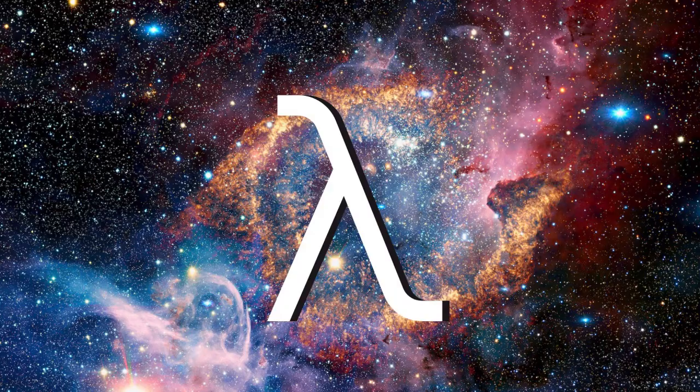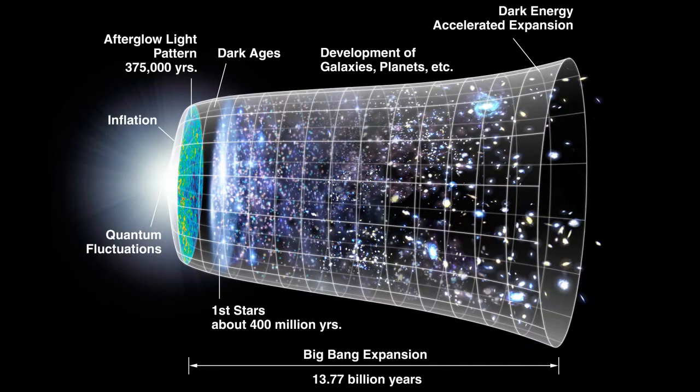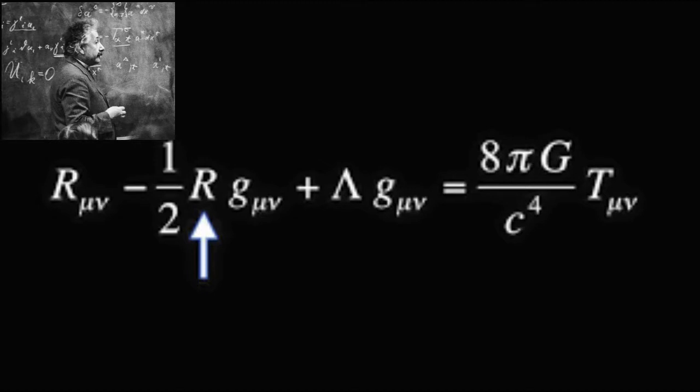The cosmological constant. In cosmology, the cosmological constant, which is usually denoted by the letter lambda, is the energy density of space, or vacuum energy, that arises in Albert Einstein's field equations of general relativity. It is closely associated to the concepts of dark energy.